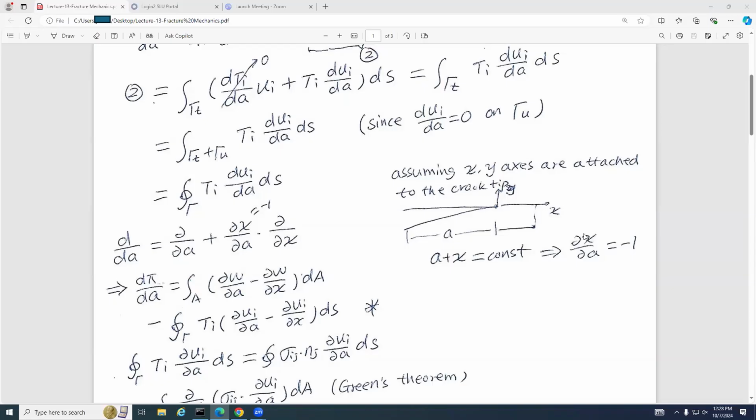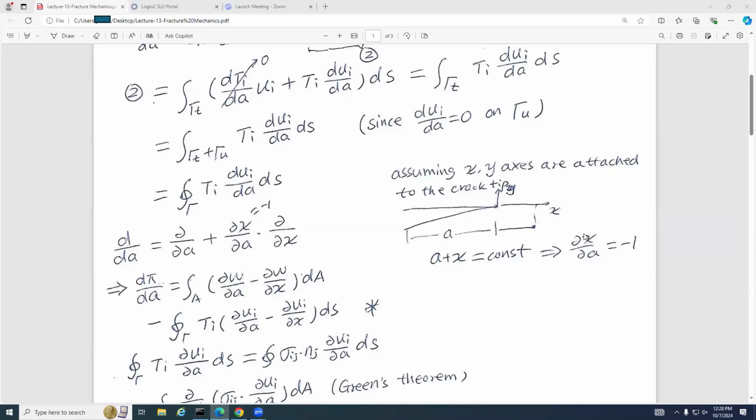So I have another term, the integral over gamma u of Ti dui/dA multiplied by ds.